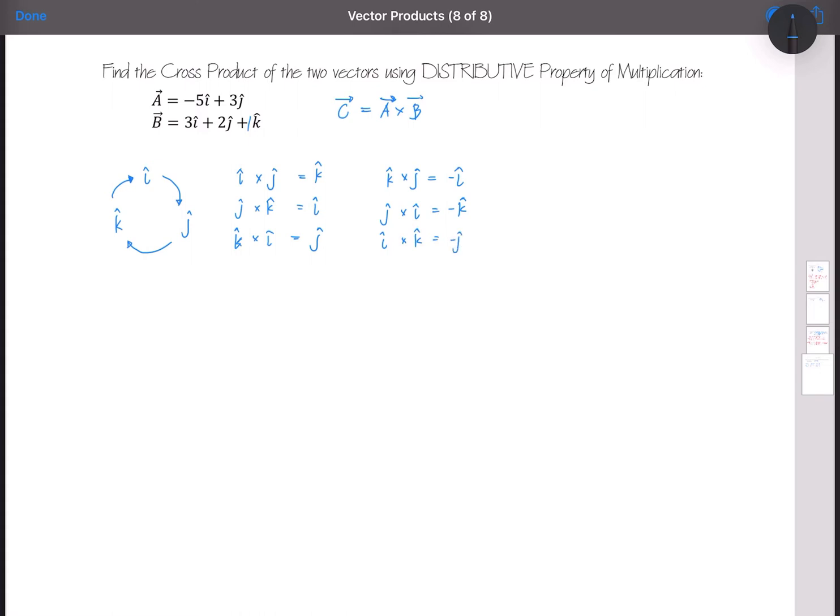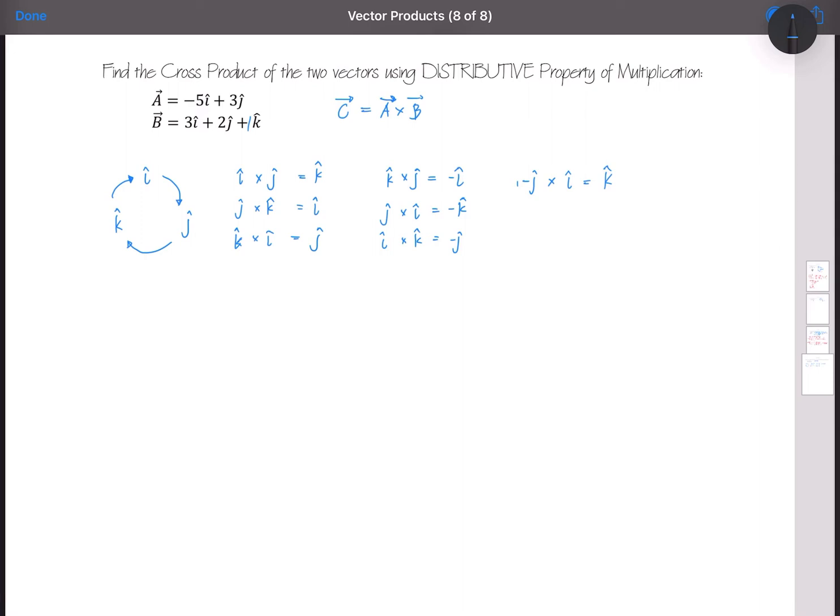Now, another point that we have to consider is, for example, you have negative j hat times i hat. So negative j hat times i hat is now equal to positive k hat. Take note that j hat times i hat is negative, times the negative in negative j, that will be equal to positive.